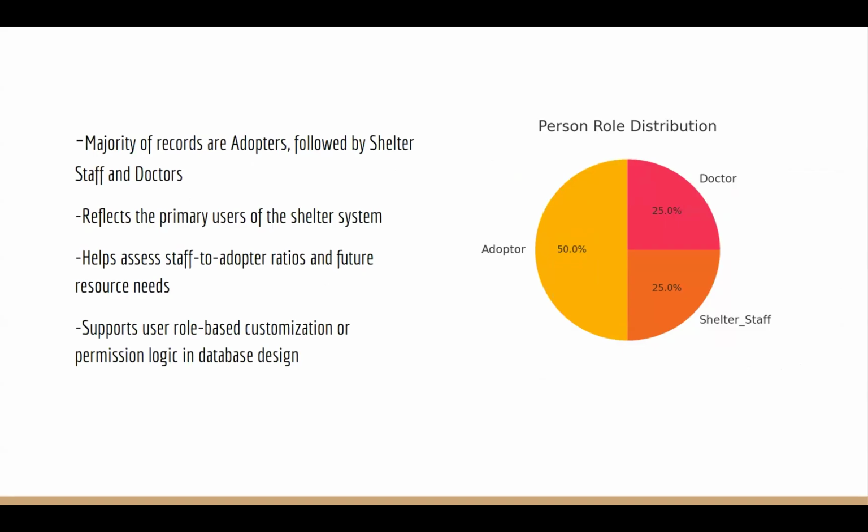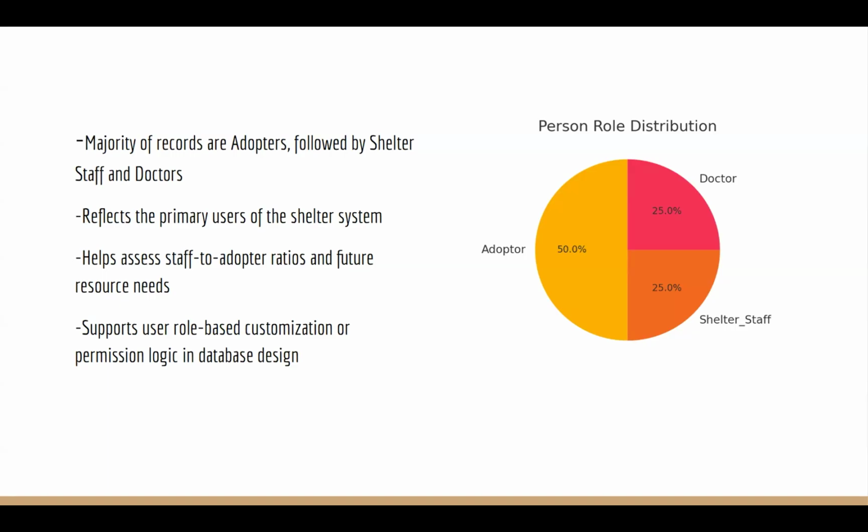And for this slide, I'm more focused on role distribution visualizations. The majority of records are adopters, followed by shelter staff and doctors, and this reflects the primary users of the shelter system. It helps assess the staff-to-adopter ratio and future resources needed, and supports user role-based customization and permission logic in database design.